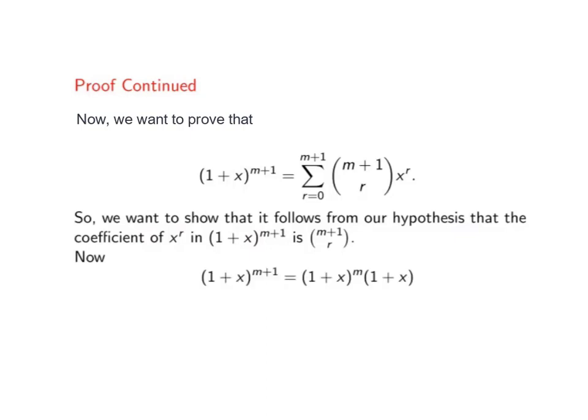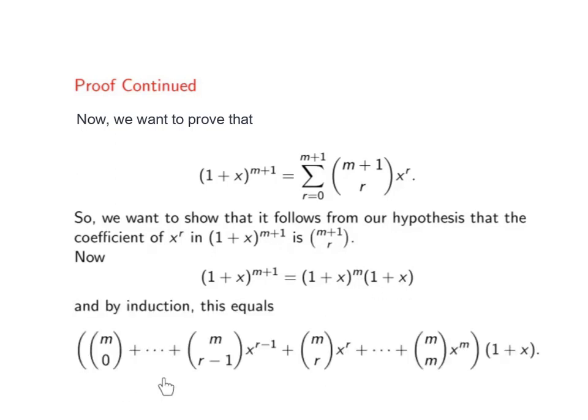We want to make use of our induction hypothesis. Therefore, we rewrite this expansion to be the product of (1 + x)^m and (1 + x). It means we have this right-hand side of the statement from the previous page with the power m, times (1 + x).